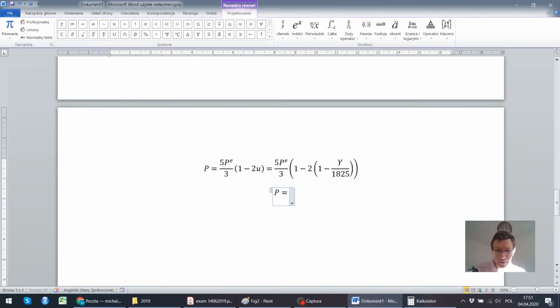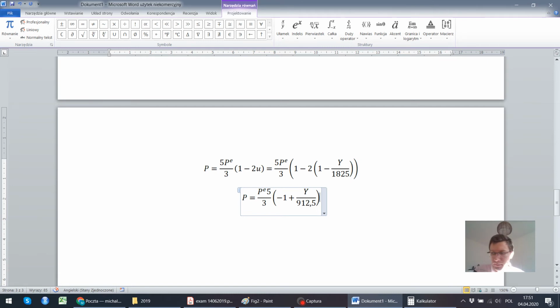On the left-hand side, we have what we had before. We can play around a bit with the term in brackets. So we have minus 1 plus y over 912.5.